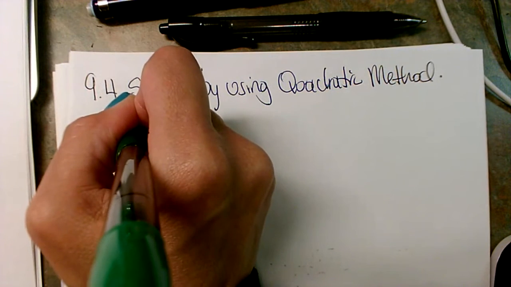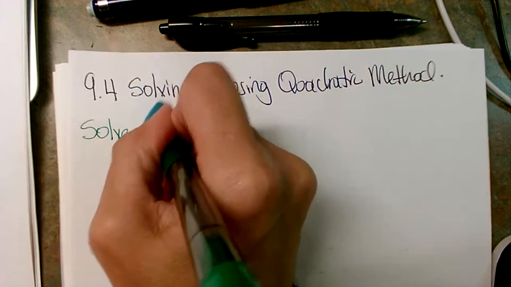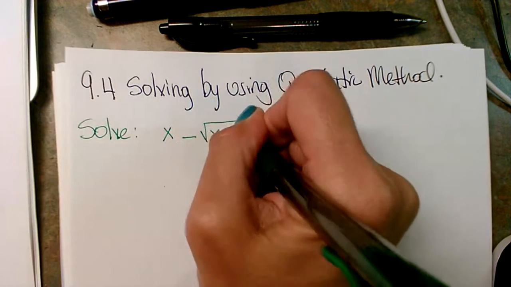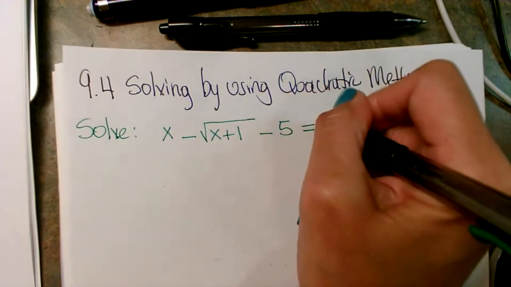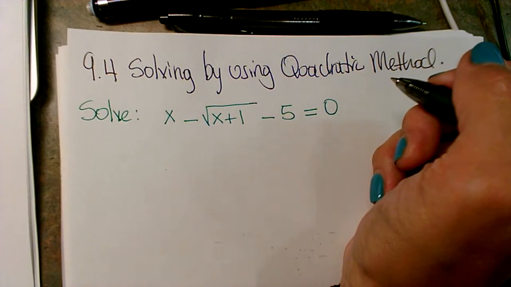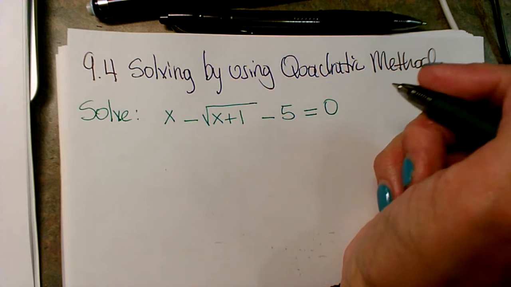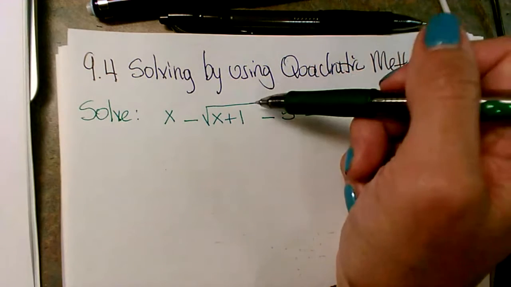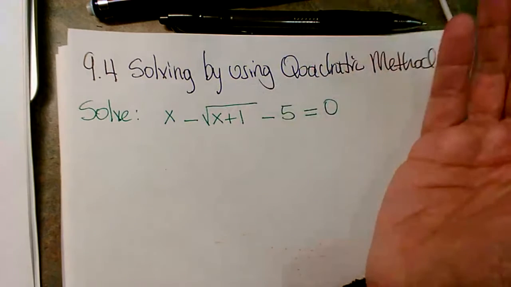It says solve, and we have, first, what we notice that is different in this equation, of course, is that we have a square root.